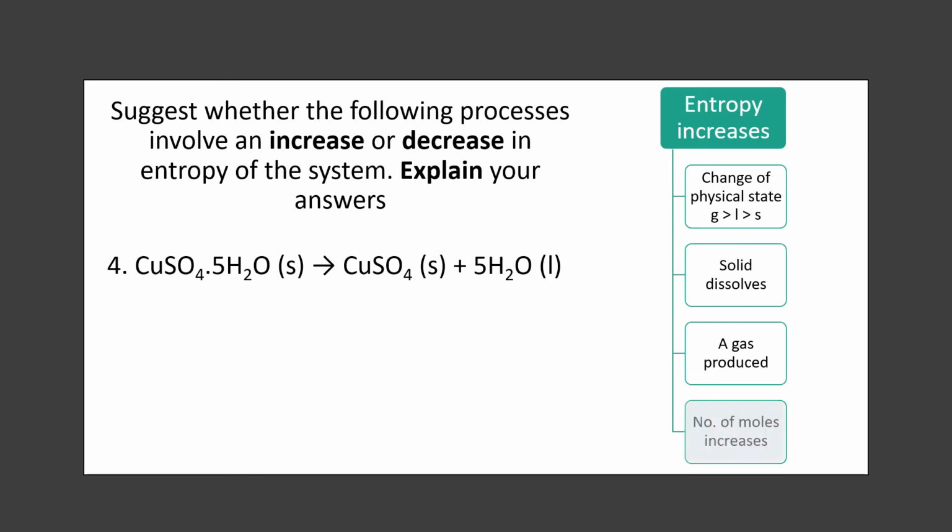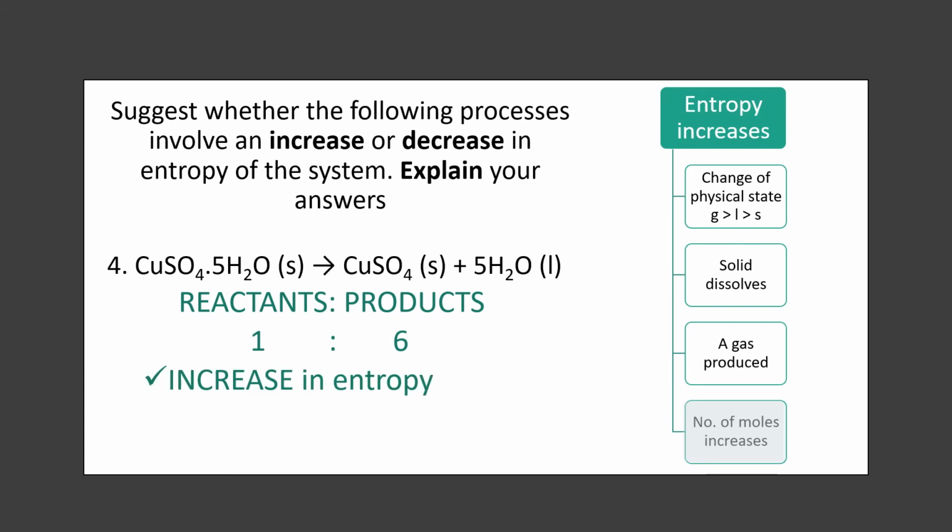Well, similar to the previous example, we can count the number of moles of reactants to products, and you see it's 1:6. Since you have more products than reactants, there will be more ways of arranging the particles or energy quanta, which eventually means there will be an increase in the entropy of the system, which means we will expect a positive value for our entropy as well.